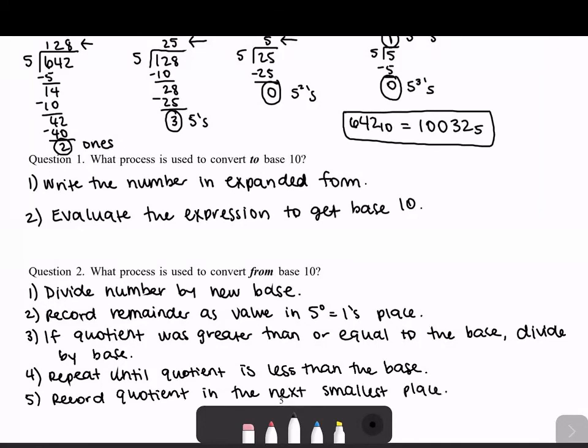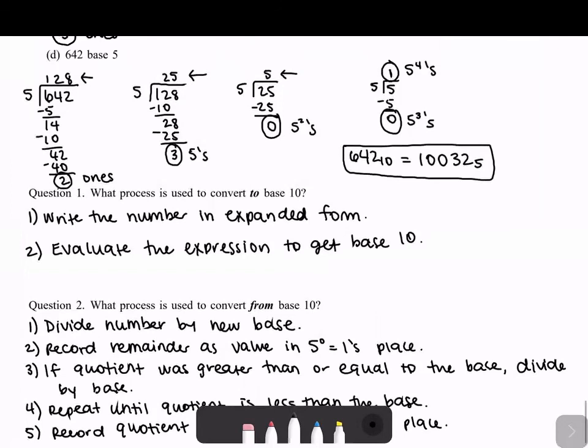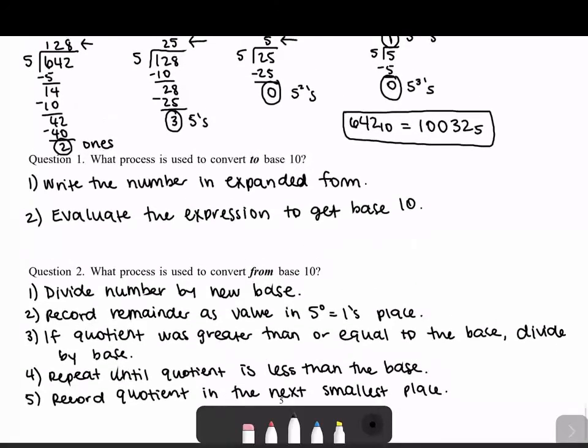See what we did up here, doing base 5, we recorded that 1 in the next smallest place, because we had already recorded our remainders for the 1's place, the 5's place, the 5 squared, the 5 cubed place, so we had to record our quotient in the 5 to the 4th place, because that was the next smallest, and then we're done. Okay, so this is the process to convert to and from base 10.